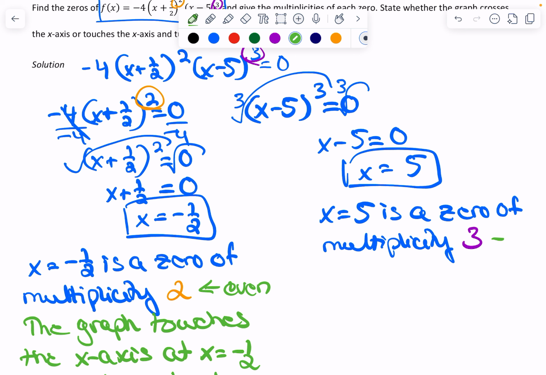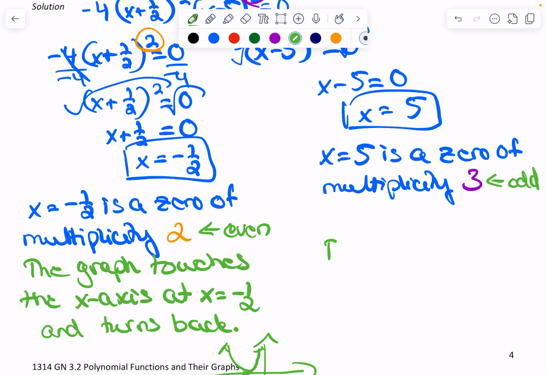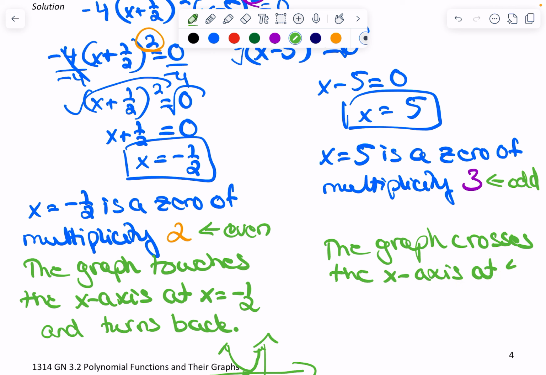That is odd. So the graph crosses the x-axis at x equals 5.